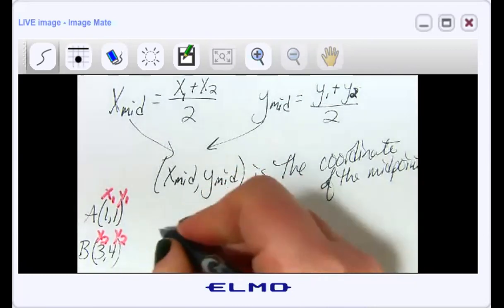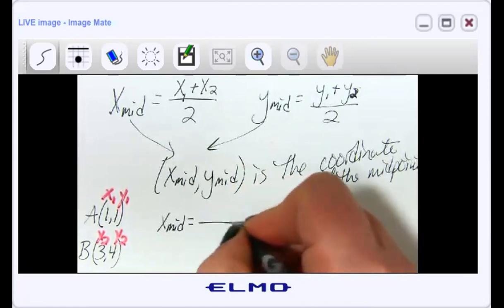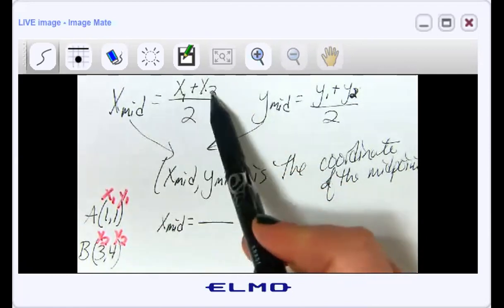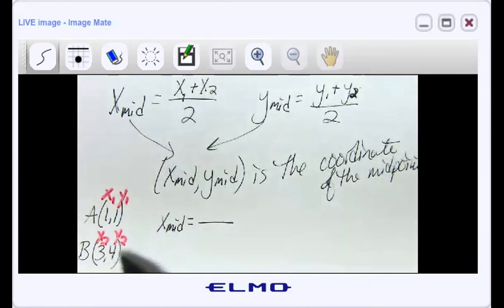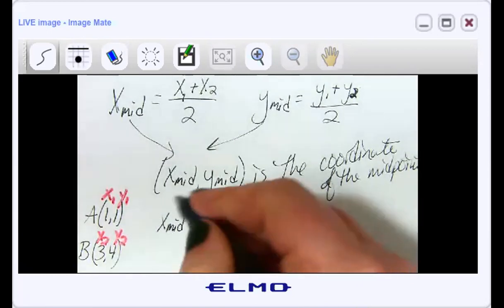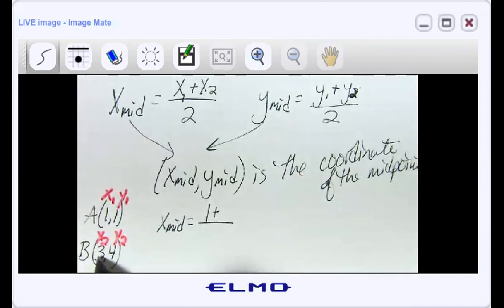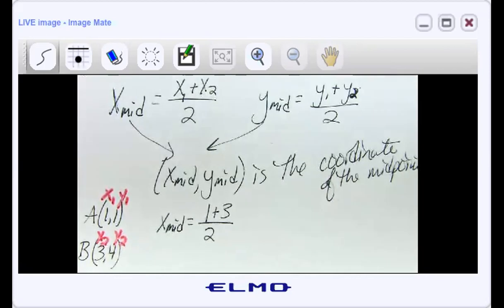If I want to find the x value of the midpoint, according to this formula, look what I'm doing. I'm going to add x1 plus x2 together, and then I'll divide by 2. So x1 is just 1, plus, let's see, what's x2? 3. So I add those two things together and divide by 2.